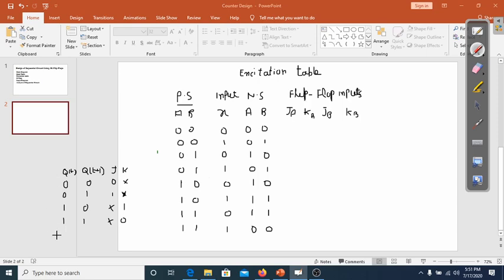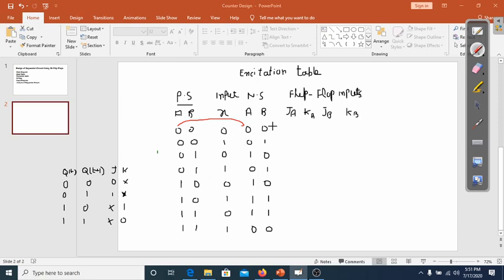Now using this excitation table of the JK flip-flop, from present state to next state, I will decide the inputs of the JK flip-flop. We will use two flip-flops, for bit A and bit B. So first consider the case A. Here the present state is 0 and the next state is 0.